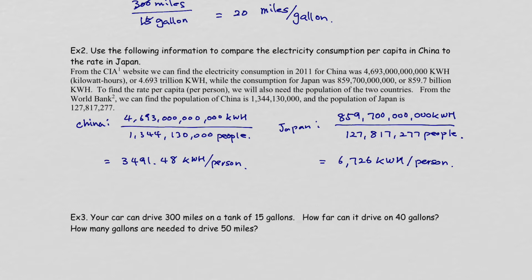So even though China used more electricity, when you're finding the unit rate per person, it looks like Japan is using more, almost double, right? Almost double. And that's what you can find out using rate and unit rate in that problem.